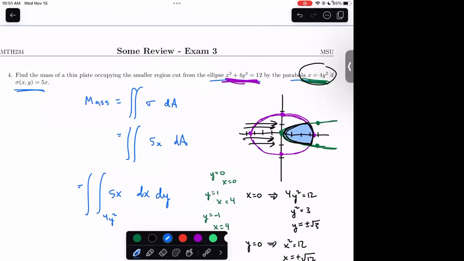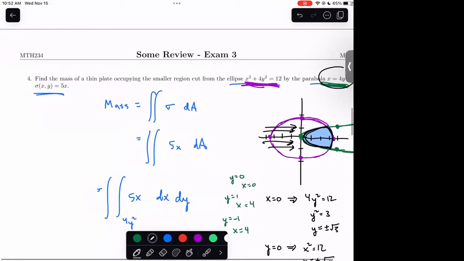So if I spend a little bit of time off to the side here solving this for x equals, I'm going to have a plus and a minus. One corresponds to all the parts of my ellipse where I have negative x values.